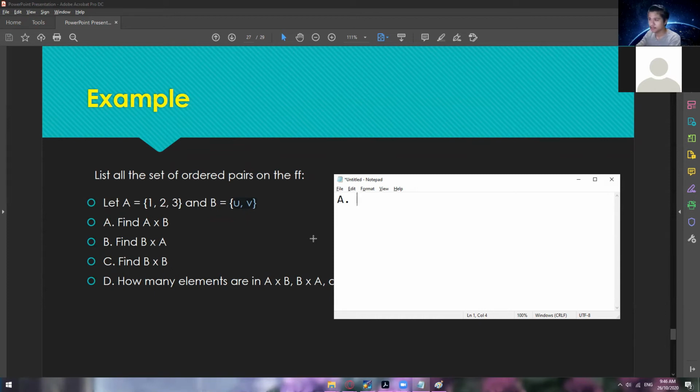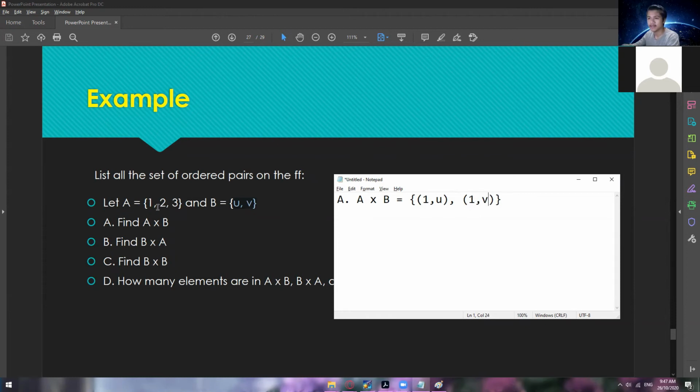So ako nang sasagot para sa inyo. A times B is equal to the set. Our first ordered pair is (1, U). Our second ordered pair is (1, V).